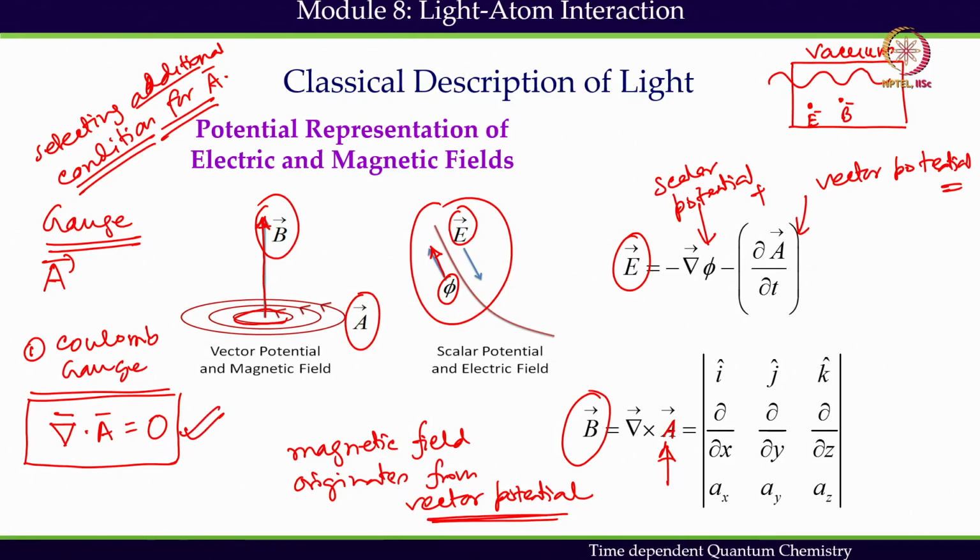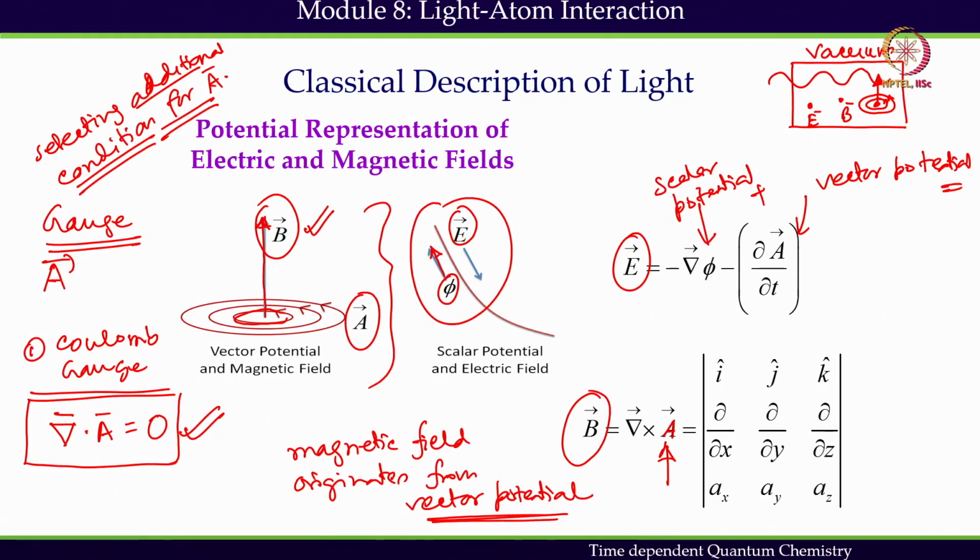So if it is divergenceless, it is purely rotating in nature, and that is why we have shown this figure. It is purely rotating in nature, and the curl is represented by the B field. Curl of A is going to be the B field. So at every point in this vacuum we have a rotating vector potential field, and the magnetic field would be perpendicular to the plane of this vector potential field.